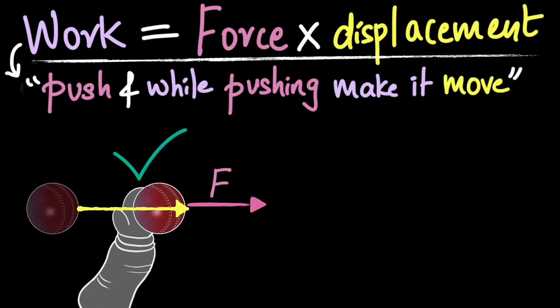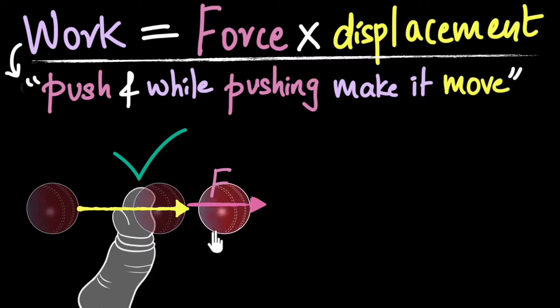But what happens once the ball gets thrown? Do you think now he's doing work on that ball? Think about this. What do you think? Well, once that ball is released, notice he's no longer pushing it. So yeah, the ball is moving, the ball is being displaced, but now nobody's pushing on it, right?